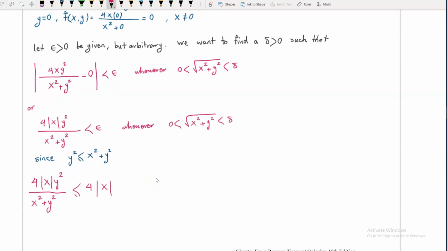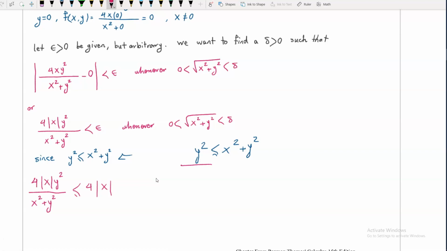Since y squared is less than or equal to x squared plus y squared, 4 times the absolute value of x times y squared divided by x squared plus y squared is less than or equal to 4 times the absolute value of x. So based on what we had here, y squared is less than or equal to x squared plus y squared.